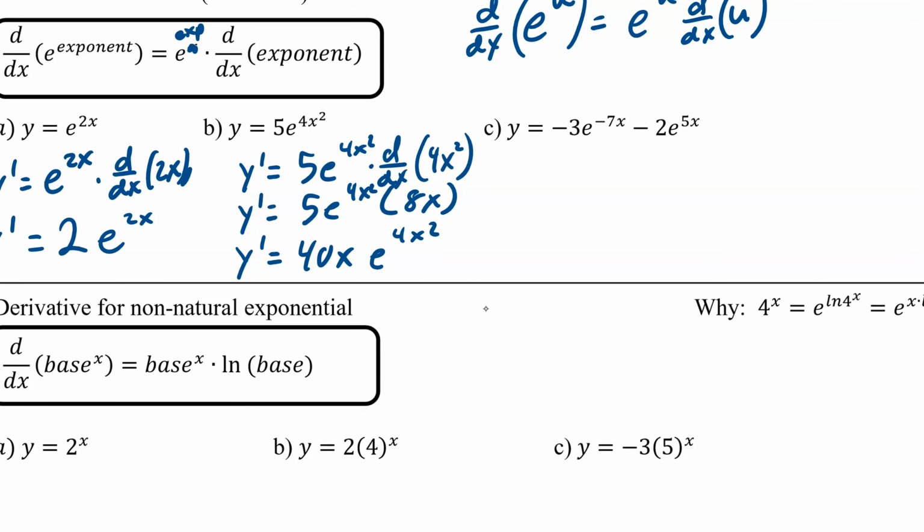And then this applies now if you have two terms. So remember, that minus is just a little comma. So we'll do the first one first. This is negative 3 e to the negative 7x. So you can see I just brought it down, times the derivative of the exponent.